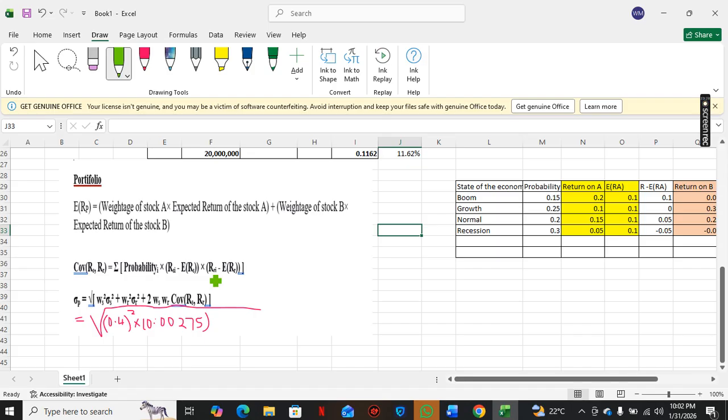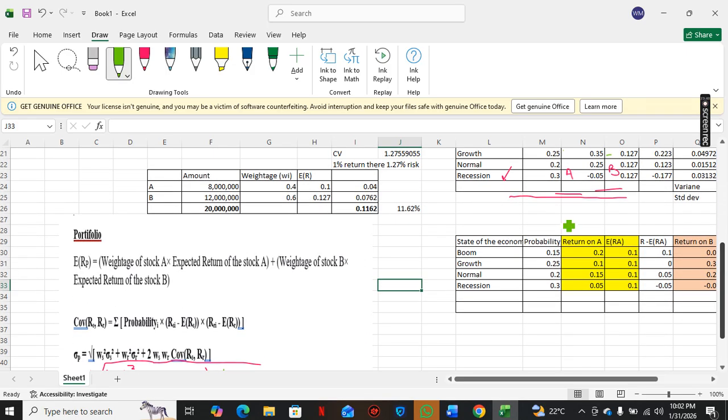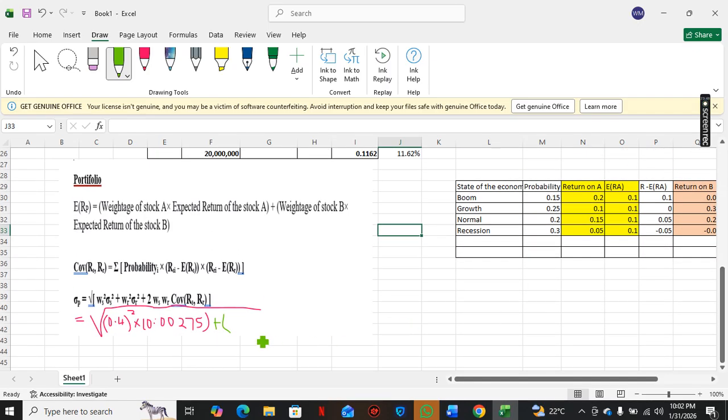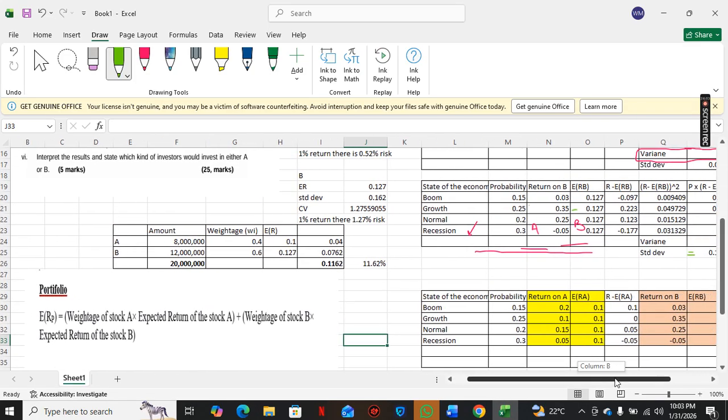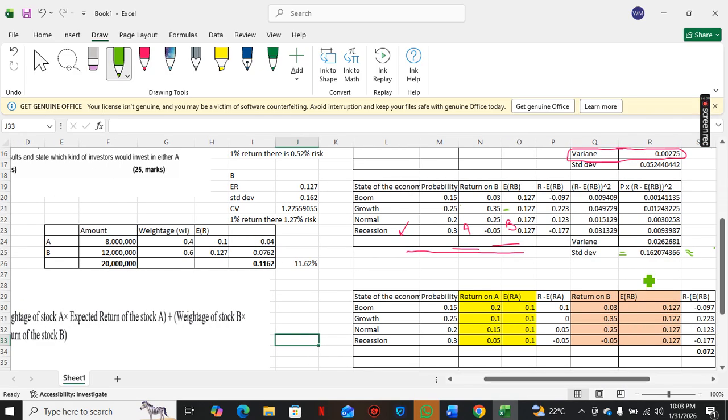Plus the weightage of investment B. Remember from here, the weightage of investment B is 0.6, squared, multiplied by the variance of investment B. The variance of investment B, as we can see here, is 0.026.